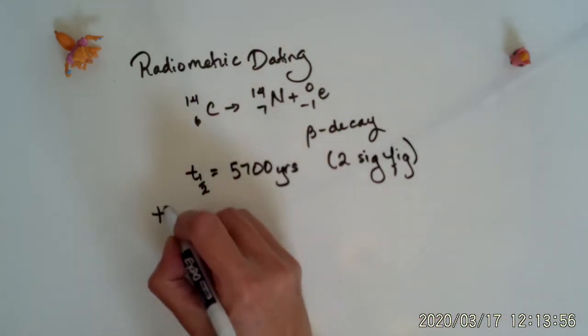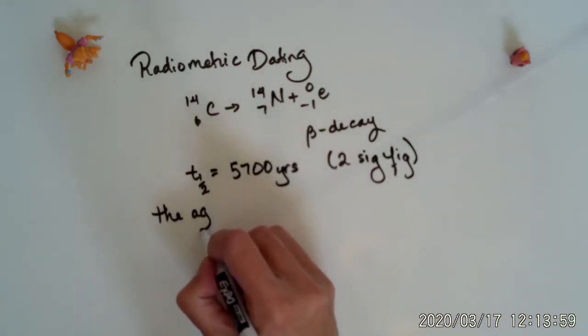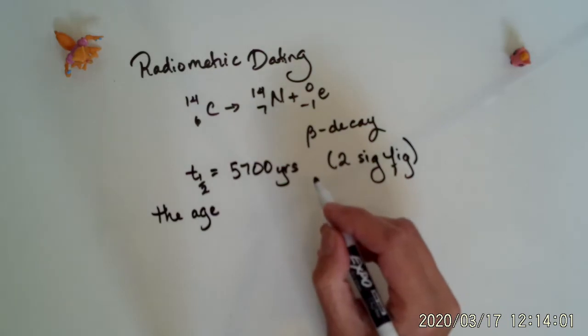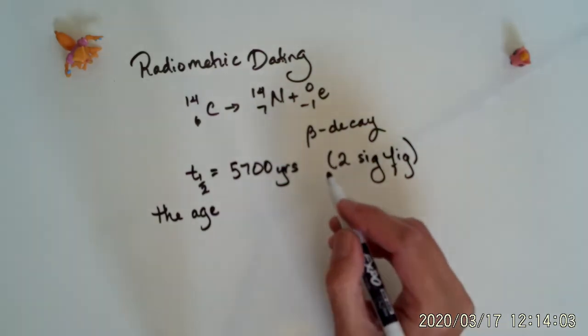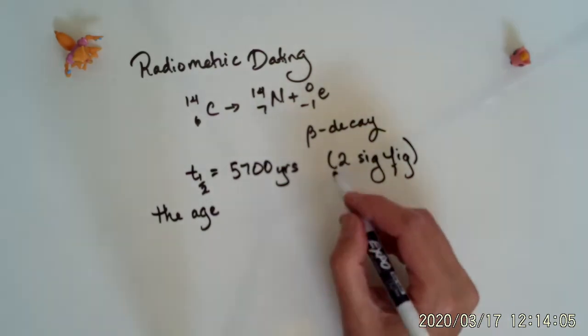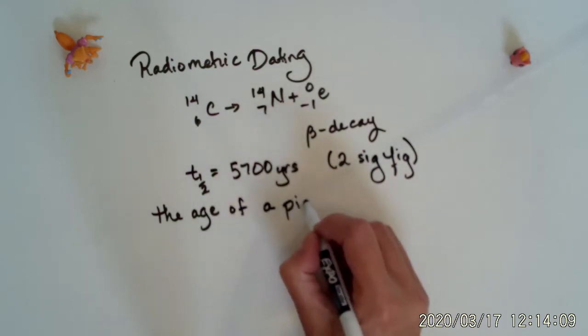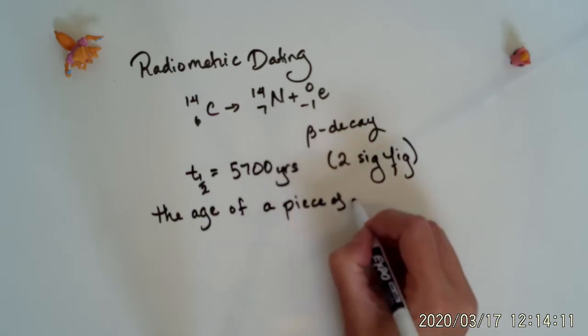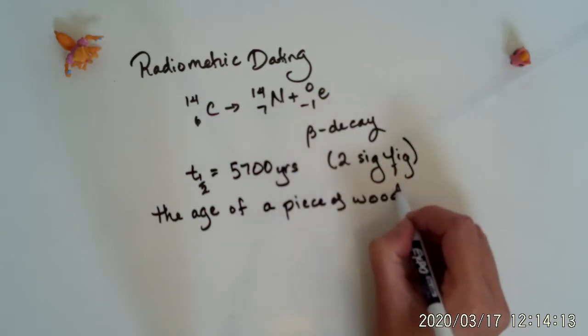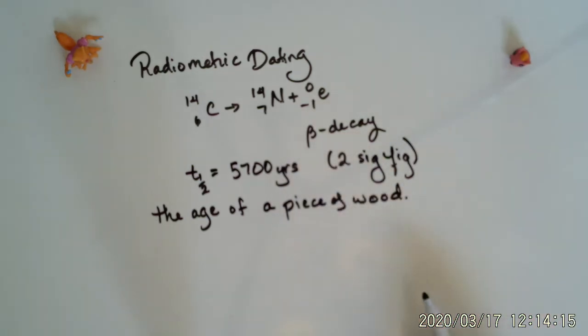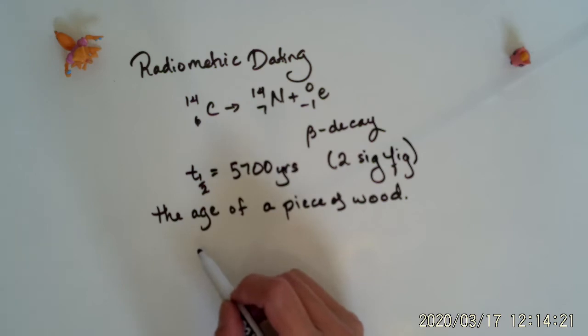All right, so if we wanted to determine the age of a piece of wood, in this case, we're going to use its radioactivity as a determination of the amount of material there.